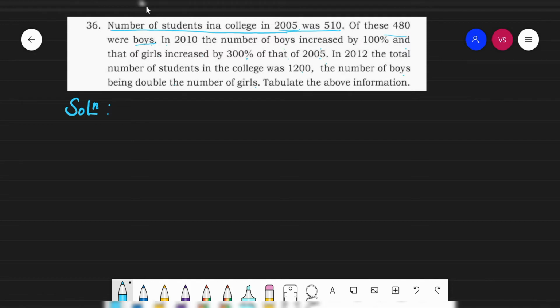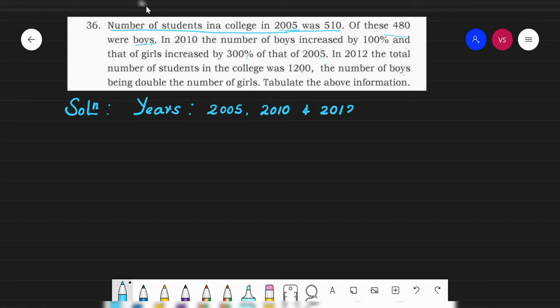The first classification that we need to do with regard to this information is the years. How many years do we have? We have 3 years: 2005, 2010, and 2012.